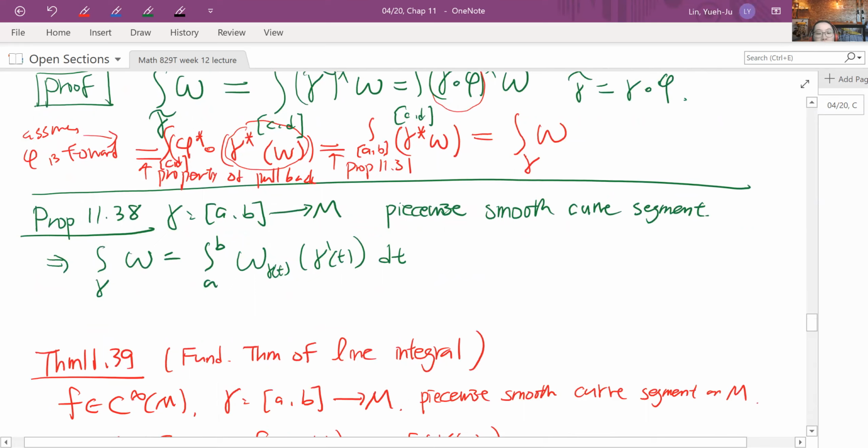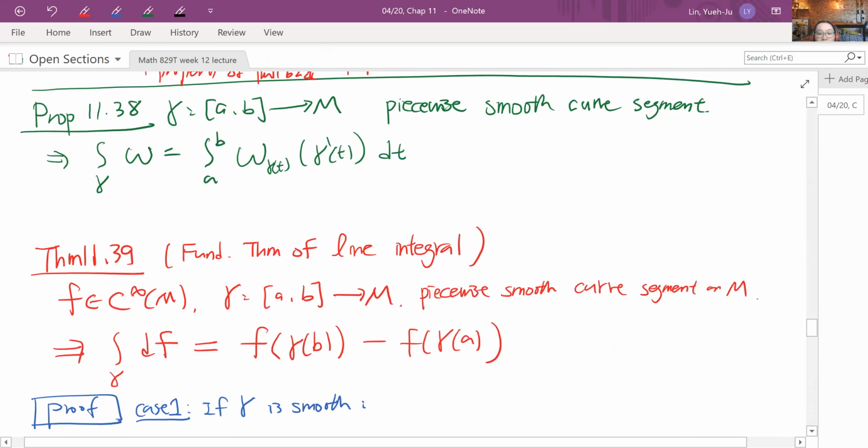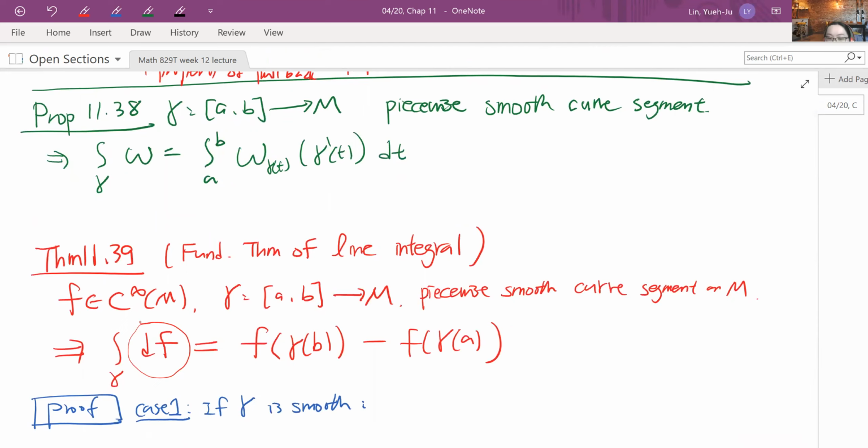Then I will move on to the very important thing: it turns out that the line integral of a covector field on the manifold will also have a fundamental theorem. So it will be essentially like this. If you integrate this particular covector field df, the differential of some smooth real-valued function, then you will have the exact fundamental theorem of calculus that you saw before.